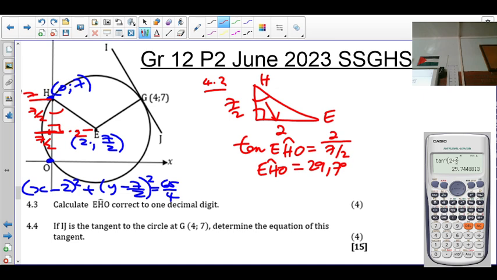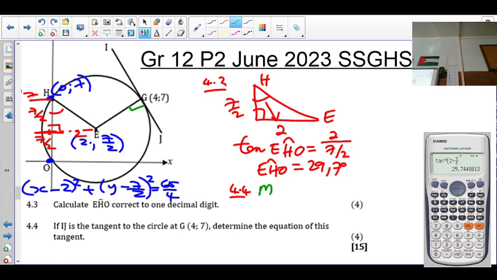Then we are told in 4.4, if AJ is a tangent to a circle at G, which is (4; 7), determine the equation of the tangent. Firstly, we know that the tangent is perpendicular to the radius.